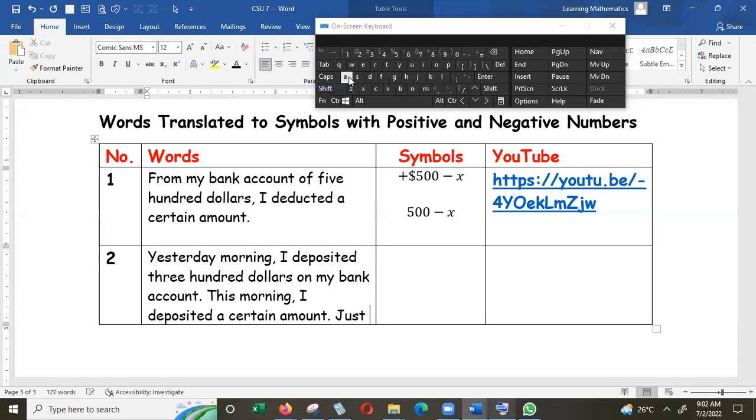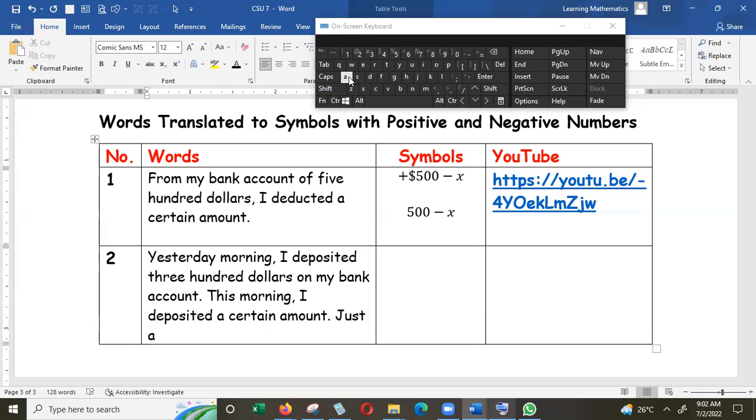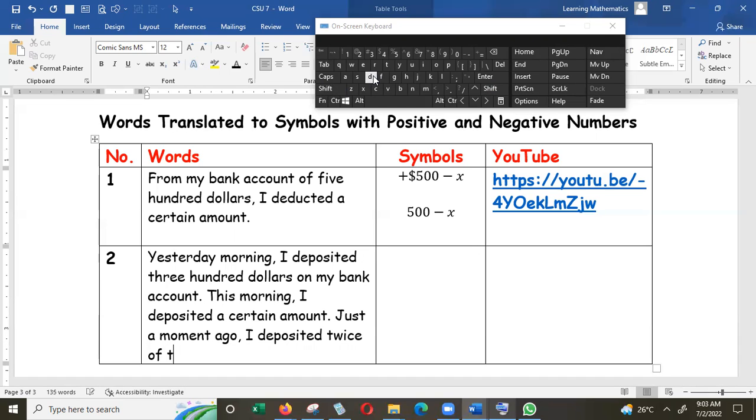Just a moment ago, I deposited twice of that same amount.